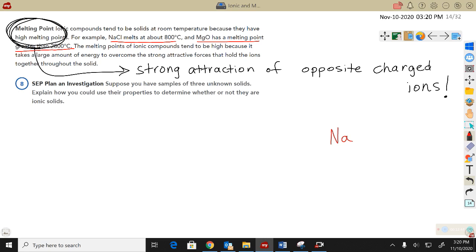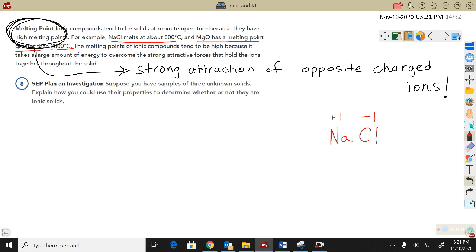If I lose an electron, the charge is +1. Chlorine has 7 valence electrons, and we'd like to just gain one more. If I gain one more, then I have a full shell and a -1 charge. Okay, that makes sense, right?